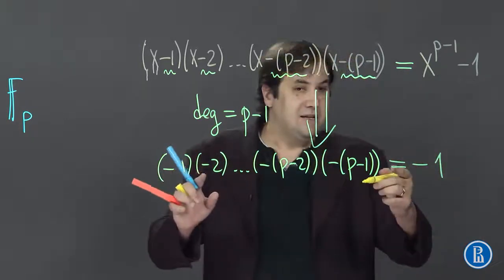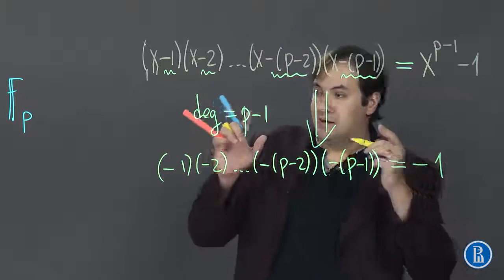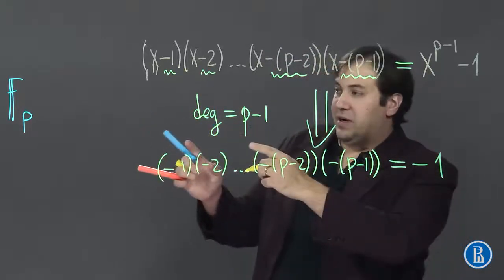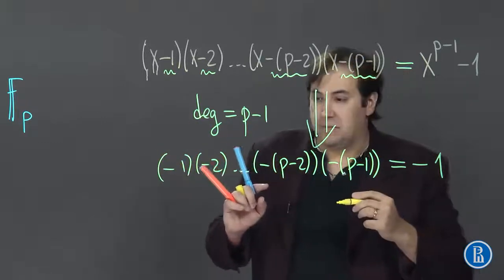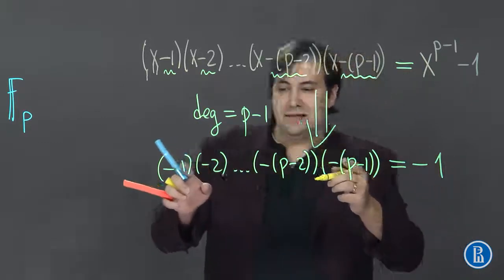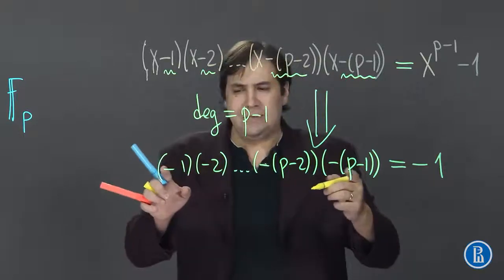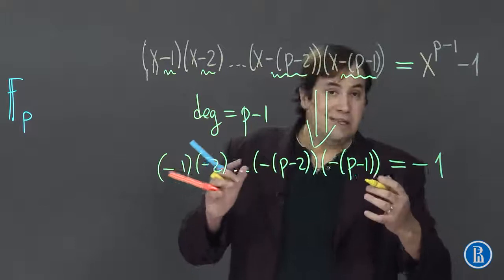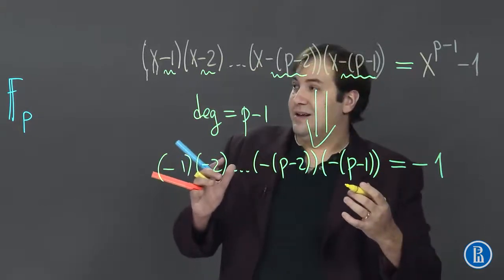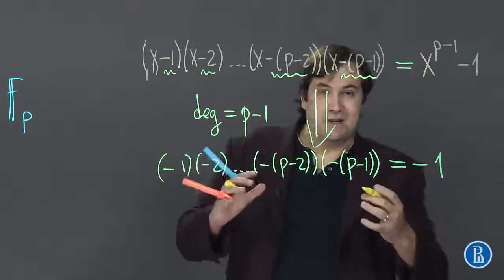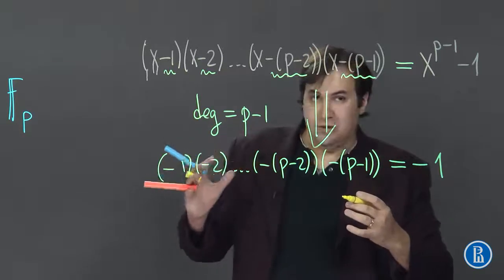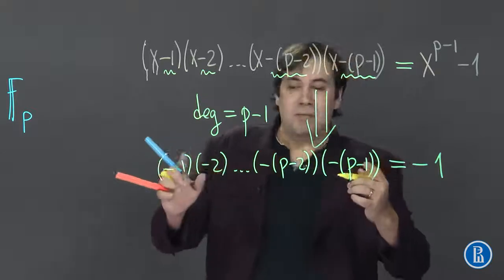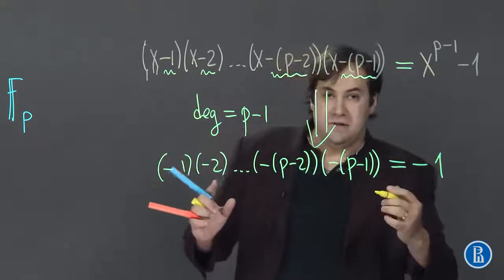Of course, equality is inside the field formed by the remainders modulo p. How many minuses do we have here? Well, we have p minus 1 minuses. Since p is prime, and we can, of course, separately consider the case when p is equal to 2, but anyway, the number of minuses here is even.